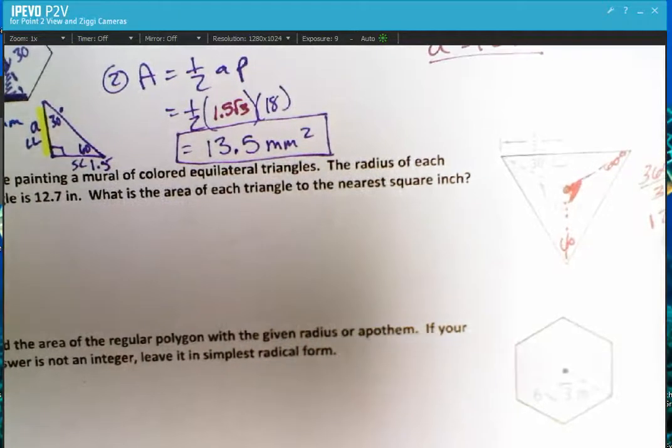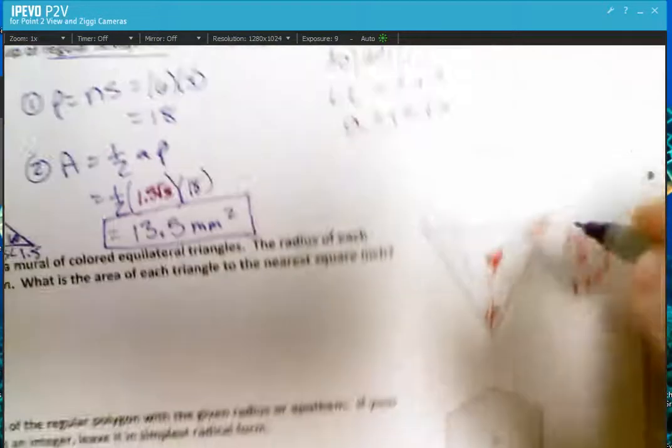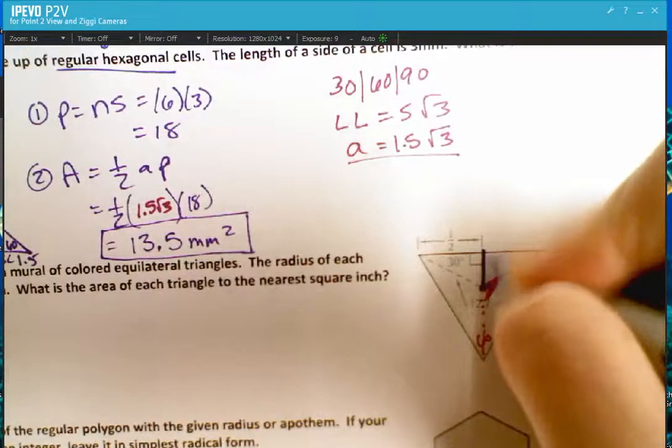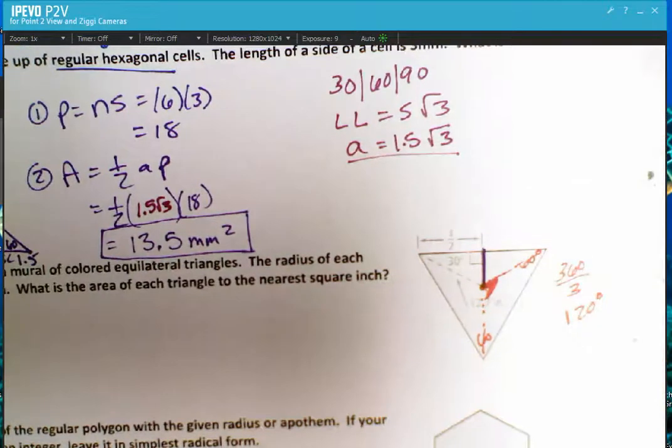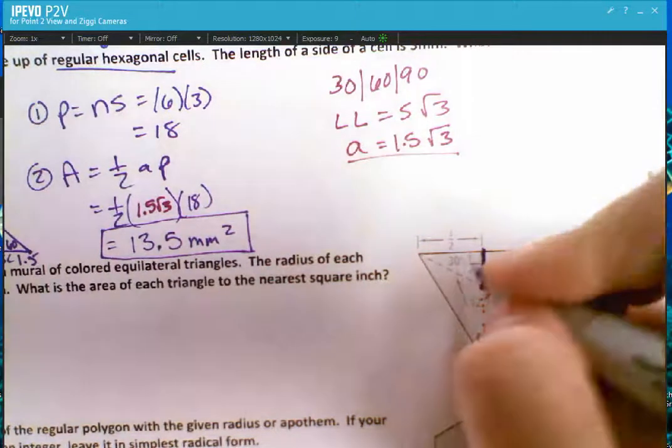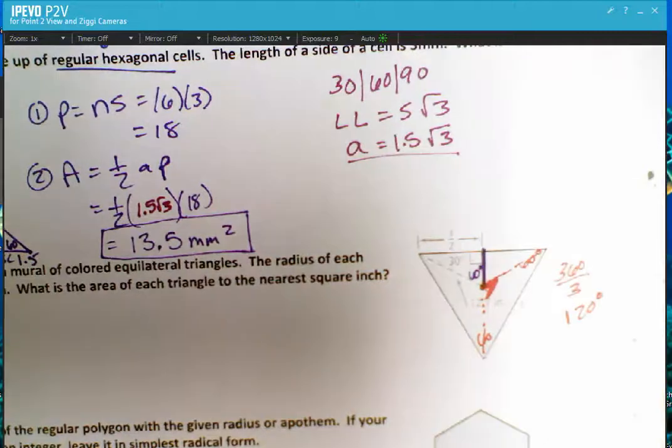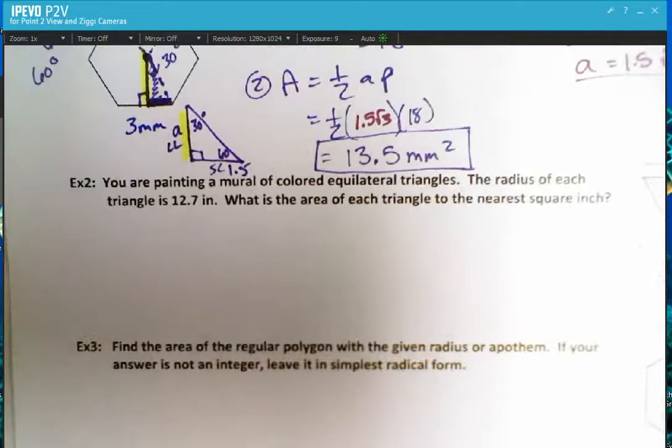So I know that the apothem, which is the perpendicular from the center, perpendicular to the side, bisects my central angle, so I know this has to be a 60-degree angle. We have a 30, 60, 90 triangle. So we know we need the perimeter and we need the apothem. So let's go find the apothem.